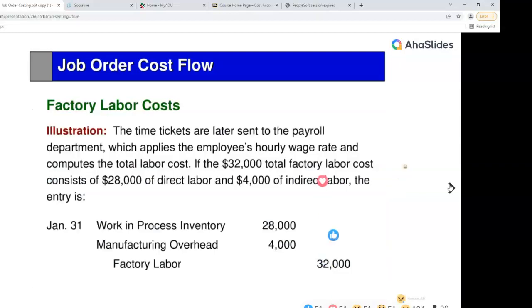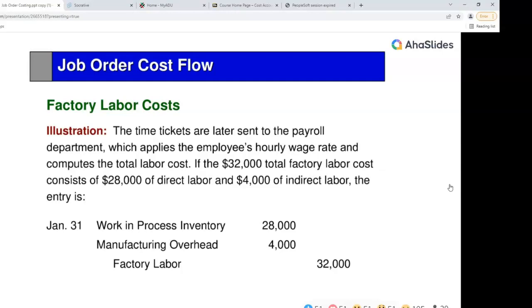All right. In the accounting records, it's the same thing again. Let's assume here that we accumulate all the costs of the hourly workers, all the labor, and all the labor cost was 32,000. Now, most of that was direct labor, that is, the people who actually worked on the job, 28,000.